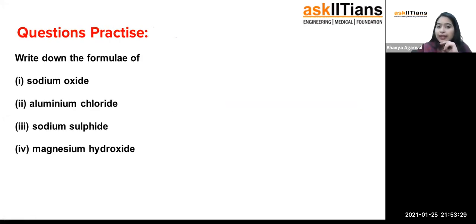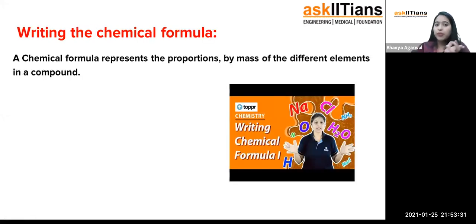So in this, when we talk about this chemical formula, we are going to talk about the proportions by mass in which the different elements are combining. So for these polyatomic compounds, let's see a formula. For instance, we talk about sodium sulfate.